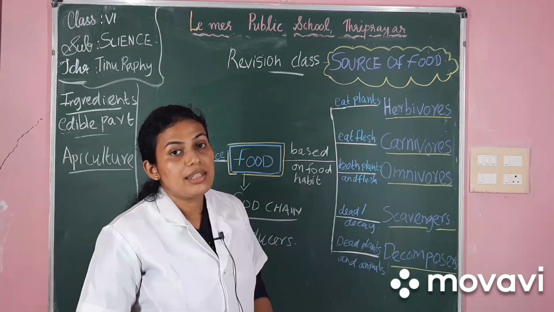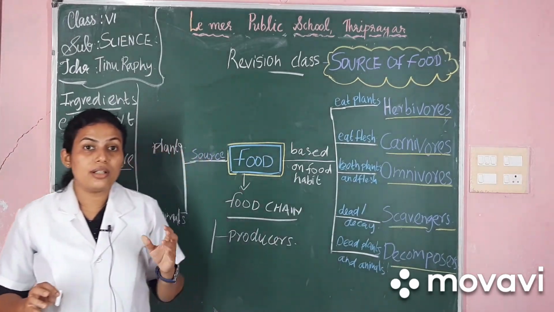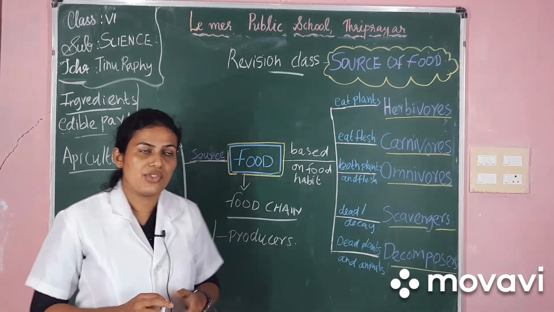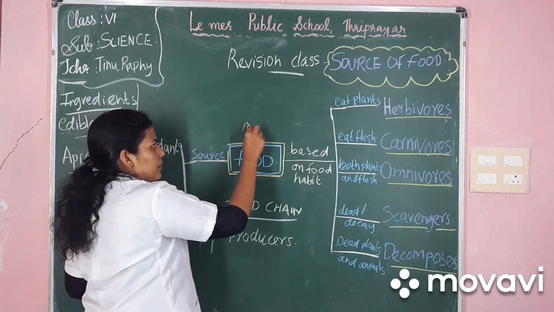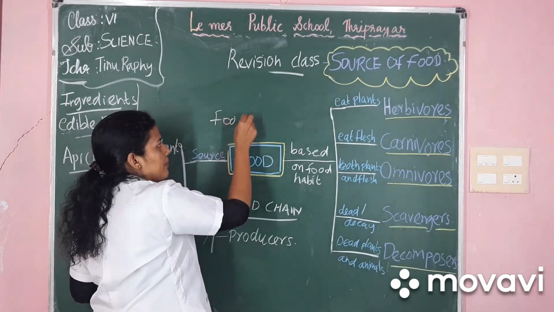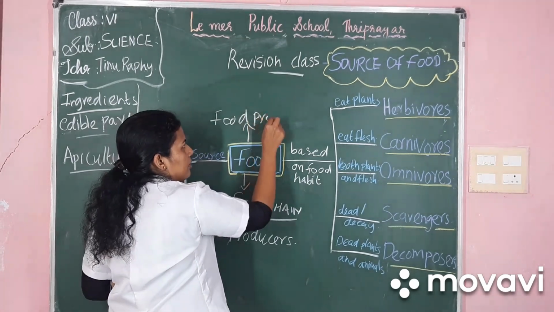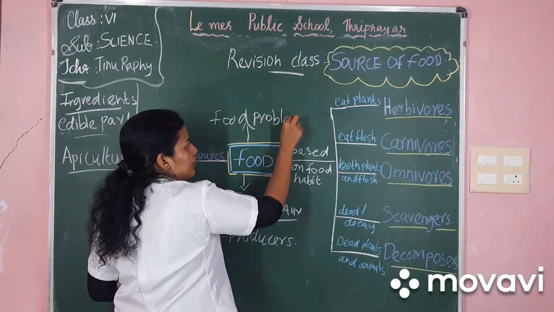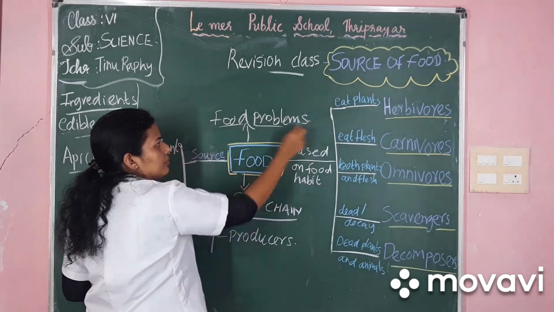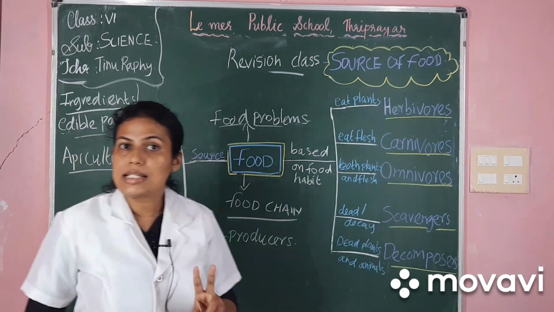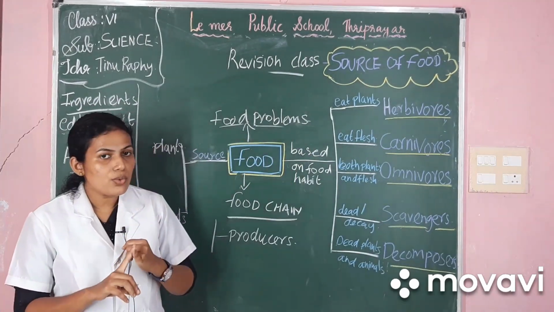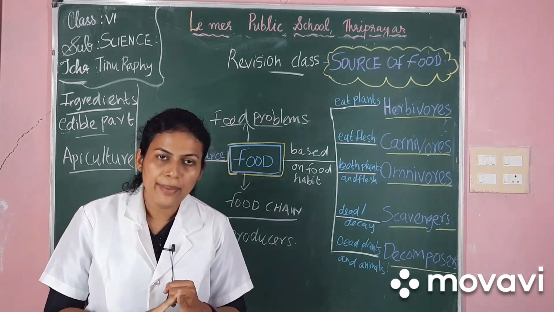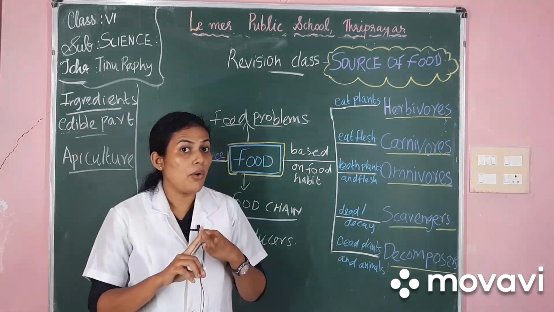So likewise, there is a relationship between the animals for the sake of food, and such a relationship is called a food chain. Now by the end of this chapter, we learned about food problems. We learned two reasons for food problems. First one is shortage of the food, and second one is poverty.